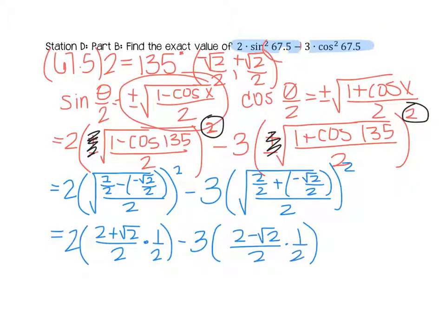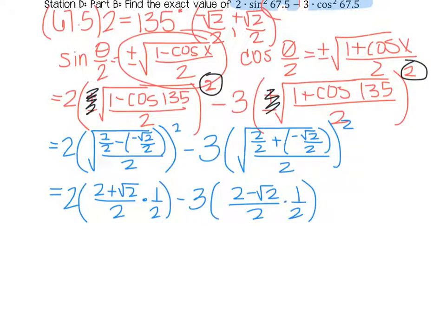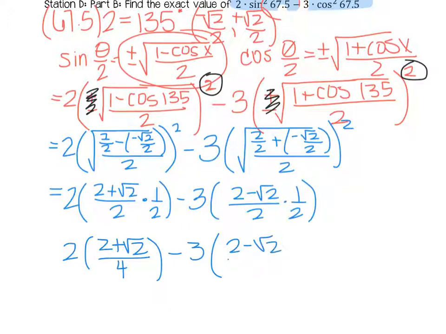And because I got rid of the radical sign, I can get rid of that squared as well. Now I've got 2 times 2 plus root 2 over 4 minus 3 times 2 minus root 2 over 4.